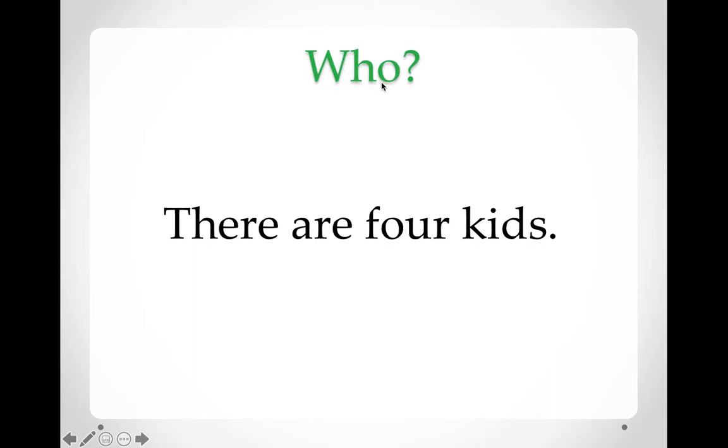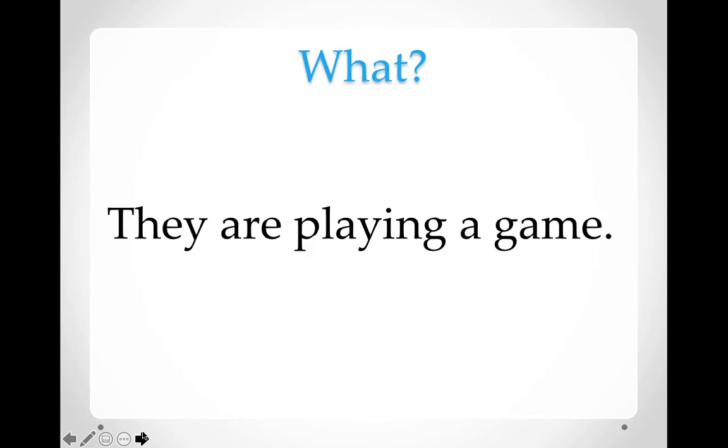Now who is there? You will answer that question, and that is going to be your first sentence for your paragraph. The second question word is what. So you are going to look at the question word what, and you are going to look at the picture and at the topic. Now what are they doing? They are playing a game.